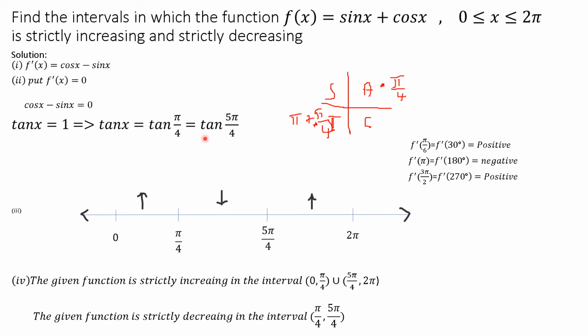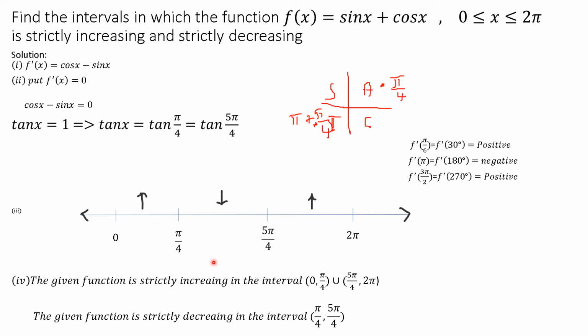Okay, tan pi by 4 and tan 5 pi by 4. In the third step, you have to find the critical points. Here pi by 4 and 5 pi by 4 are the critical points. Here 0, pi by 4, 5 pi by 4, and this one is 2 pi.